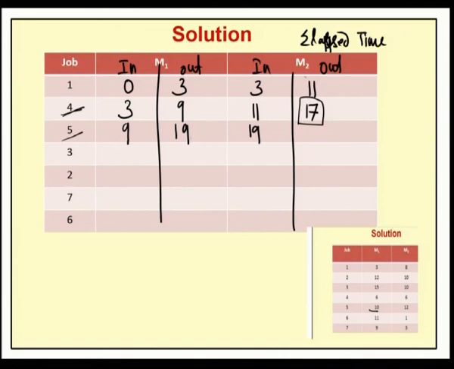So for machine 2, job 5 should start only in the 19th hour, not at the 17th hour. For job 5, under machine 2, the starting time is 19 and the corresponding processing time is 12, therefore 19 plus 12, 31. In the same way, for each and every job, we can easily compute the time in and time out of each machine, which we listed here.